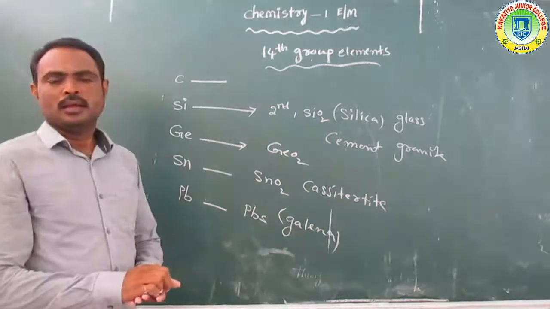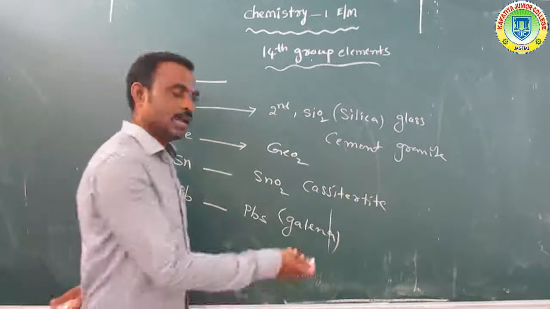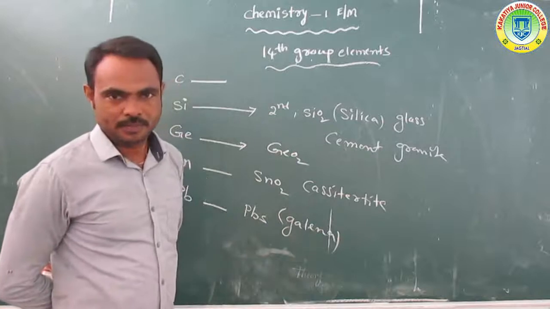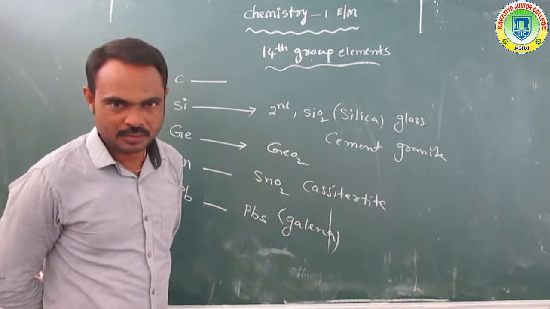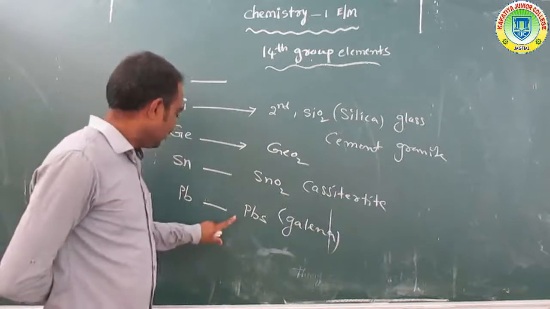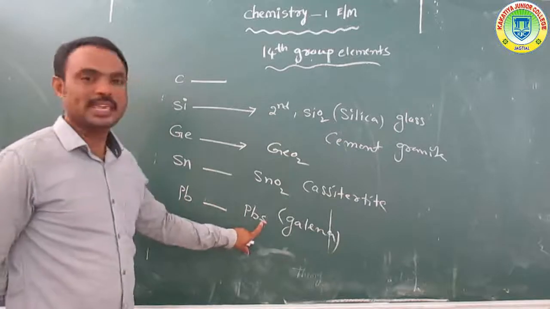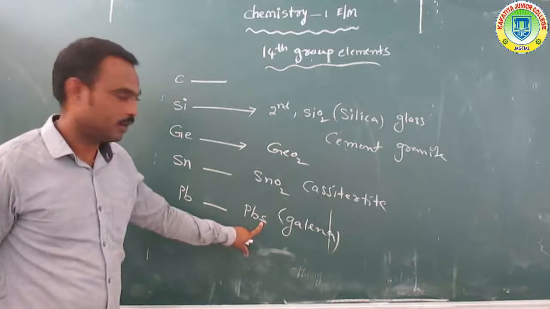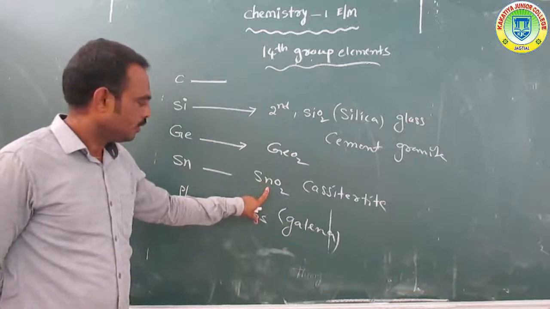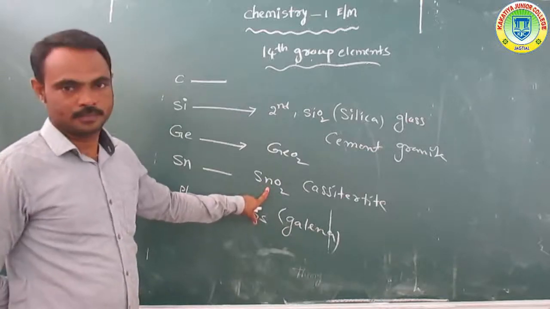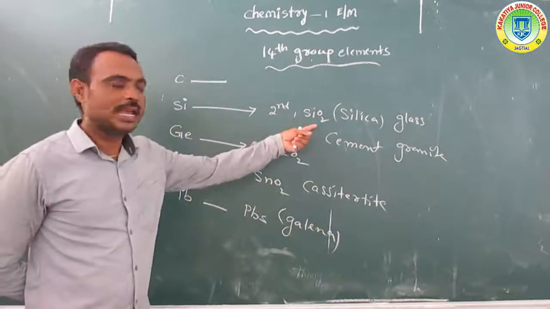Overall, lead is available in a number of compounds like lead dioxide or lead sulfate. Mainly lead is available as PbS, lead sulfide, and tin as tin dioxide.